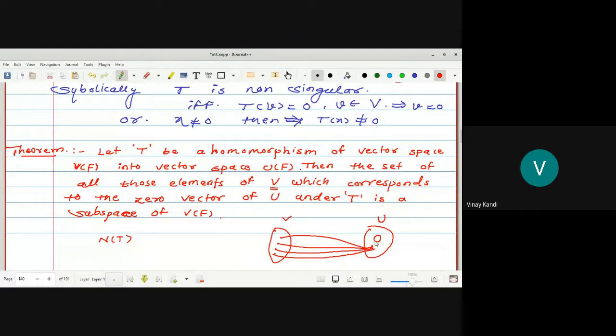So you have to show that this null space of T is a subspace of V over F.